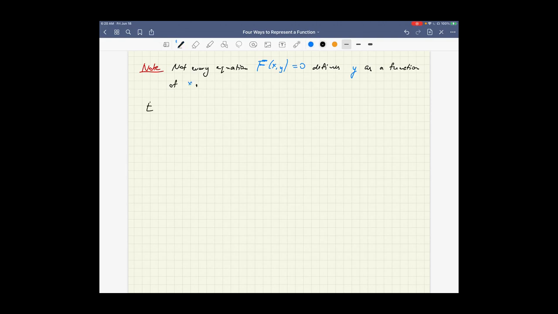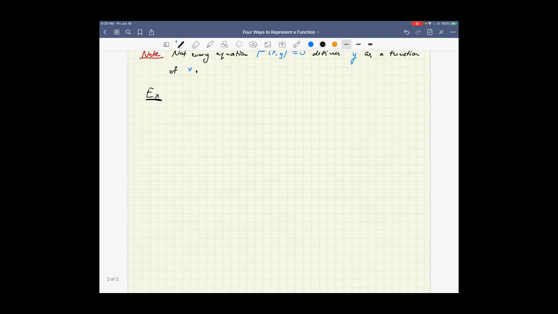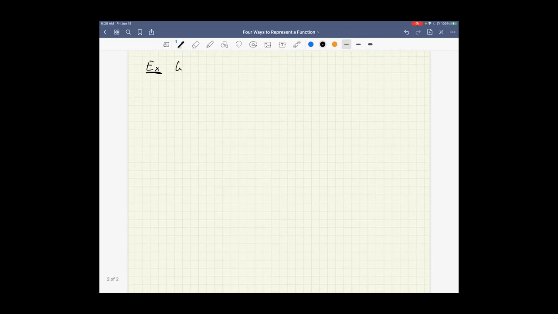Here is one example. If you consider the equation that I'm sure you know, x squared plus y squared equals 1, which is geometrically a circle.